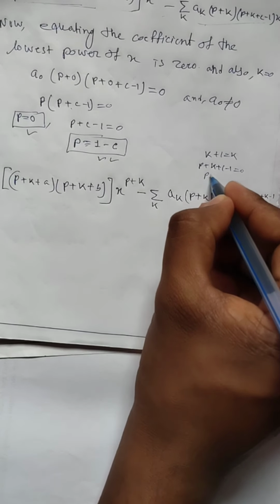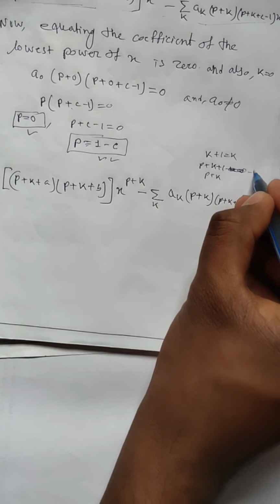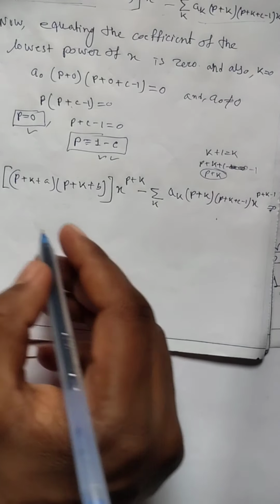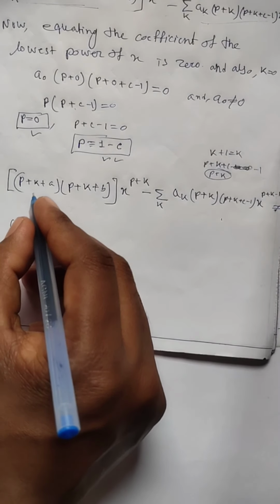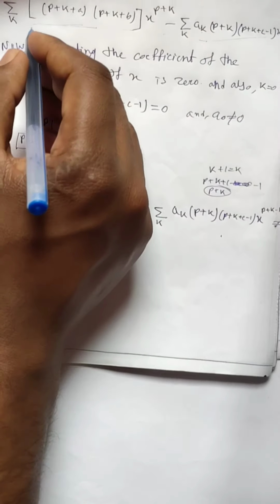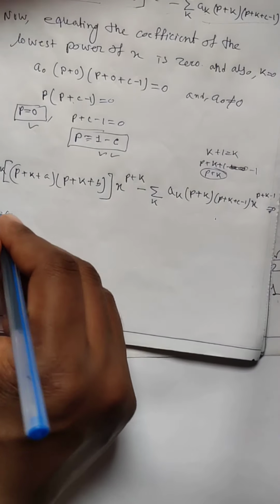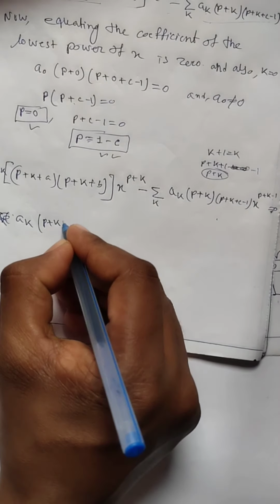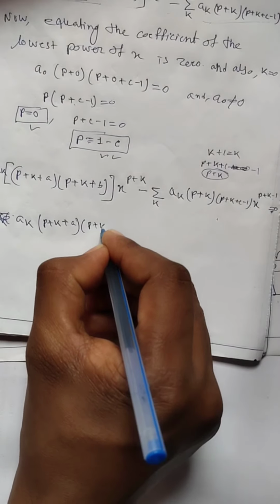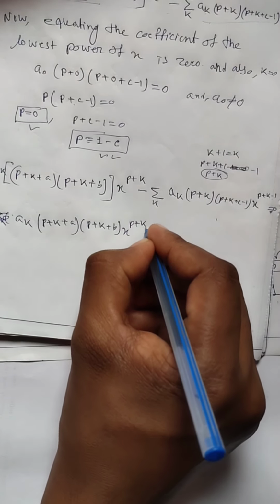Therefore, we get p plus k. So here we can write ak and (p plus k plus a), (p plus k plus b), x to the power p plus k.